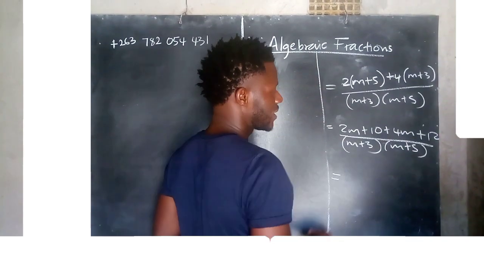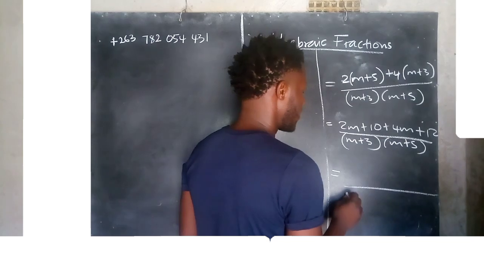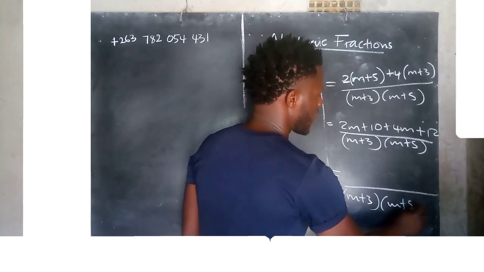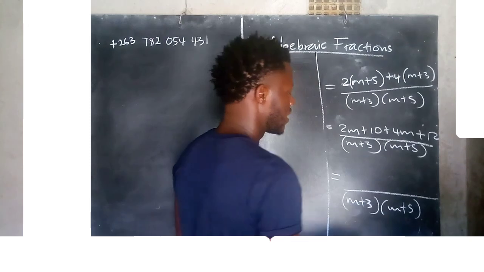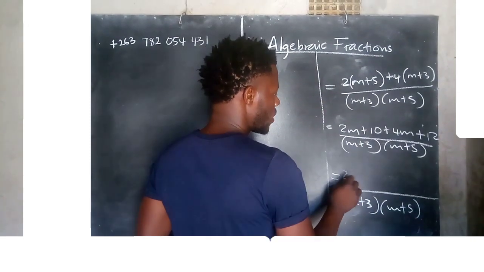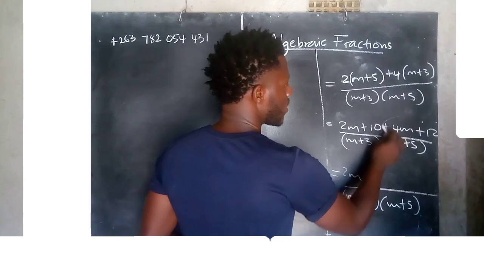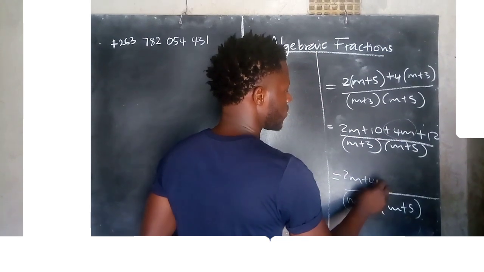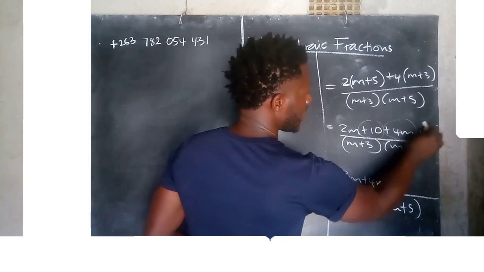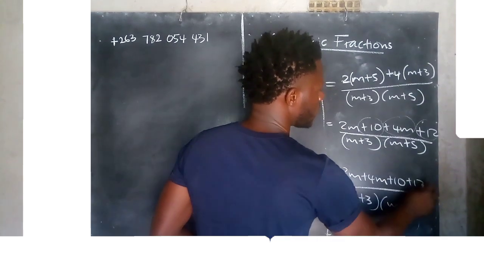Then the last step, we are going to group like terms. The denominator will remain (m+3)(m+5). Now let's group like terms on the numerator: 2m plus 4m, then plus 10 and plus 12.